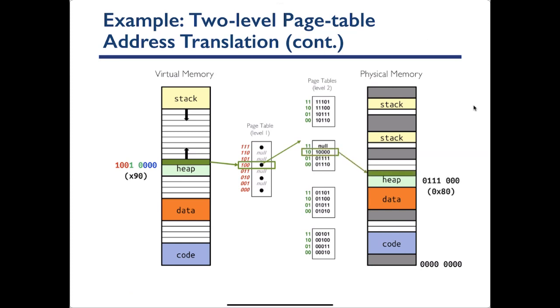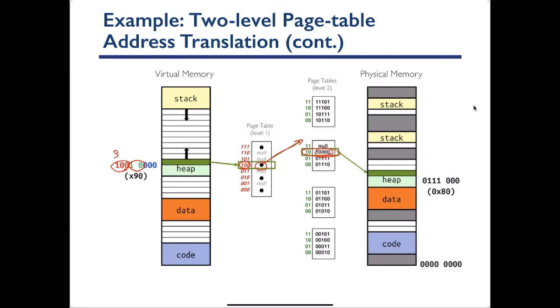Okay, so you can actually look at how this memory is translated. Looking at this, this is virtual page number 3 in page level 1. So you go here, you look at the corresponding page table level 2. Then you're going to use the second 2 bits 1, 0 to get your physical address.